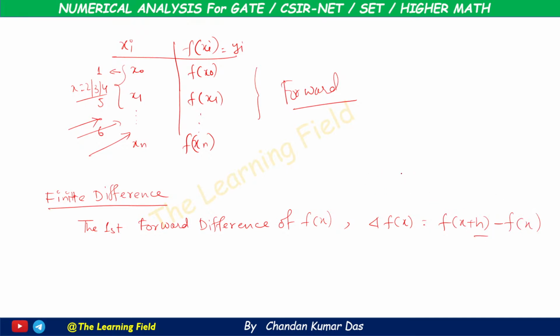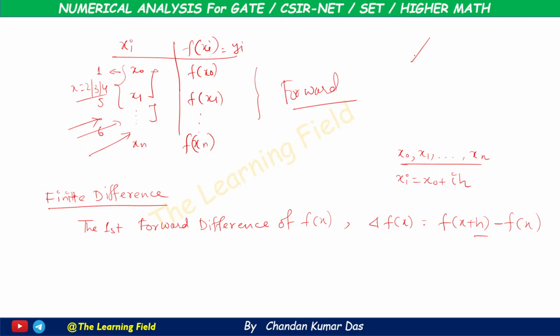Suppose there are n plus 1 points of interpolation, x0, x1 to xn. These are the points given, and the values of the function at these points are given. Suppose xi is equal to x0 plus i into h. One more very important thing is that these are interpolations with equal interval, which means the lengths between x0 and x1 and between x1 and x2 are the same.